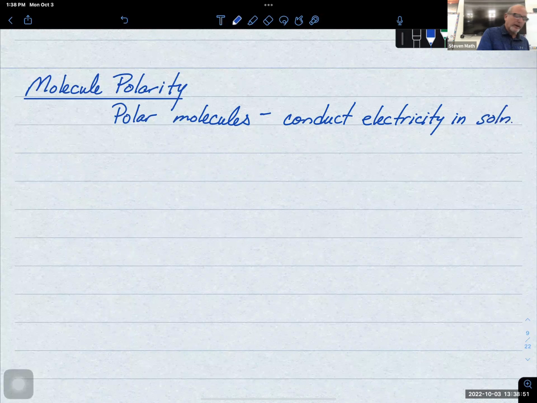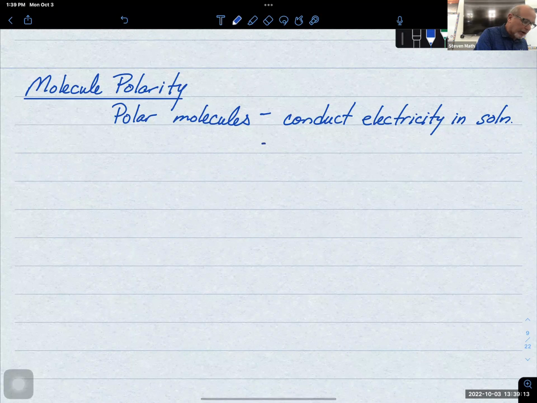So you're not going to want to use a polar molecule to try to clean something that's electrical in nature, trying to clean up video game contacts or computer contacts or copying machine sort of things. You're not going to want to use a polar. You're going to want a non-polar molecule to do that because it won't conduct electricity in solution.